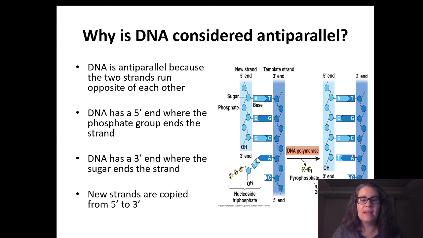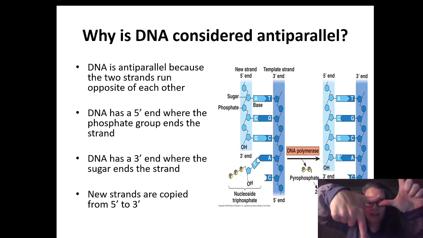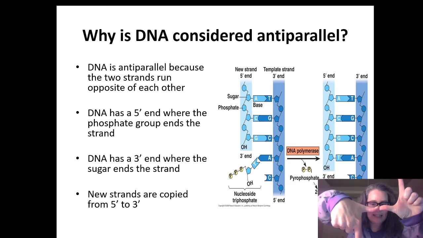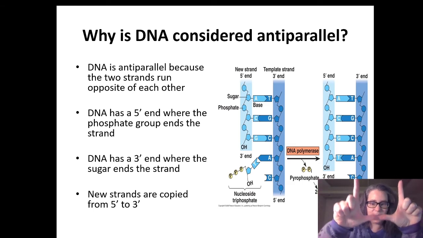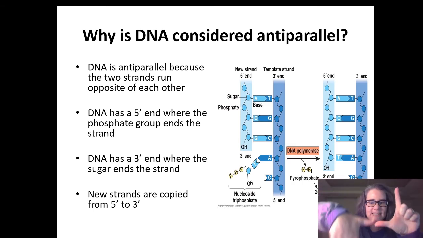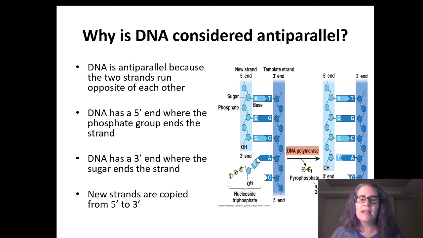The last thing I want to mention about DNA is that we say that DNA is anti-parallel. It is anti-parallel because the two strands run opposite of each other in terms of chemistry. It's almost like you have one letter L and then the next one attached to it is upside down, and then that repeats over.